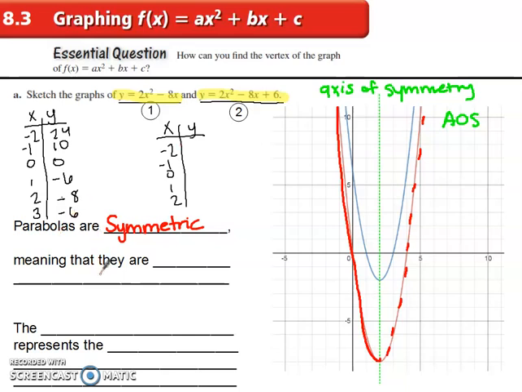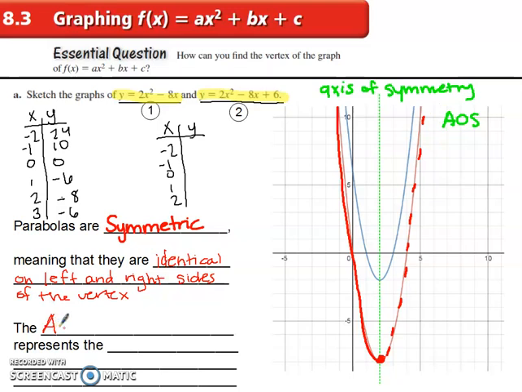So parabolas are symmetric, meaning that they are identical on left and right sides of the vertex. So that entire left-hand side of my vertex is here, right at that turnaround point. The entire left-hand side that I drew in solid dark red is the same as the right-hand side of my vertex.